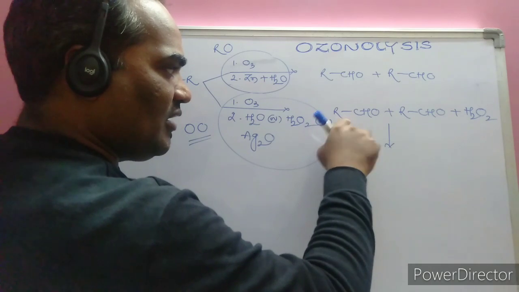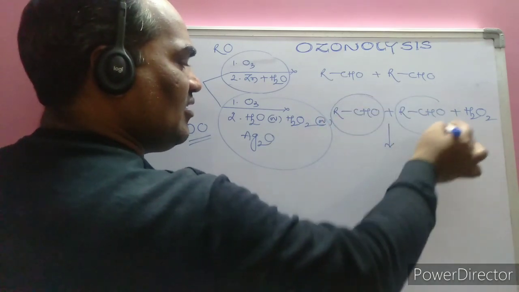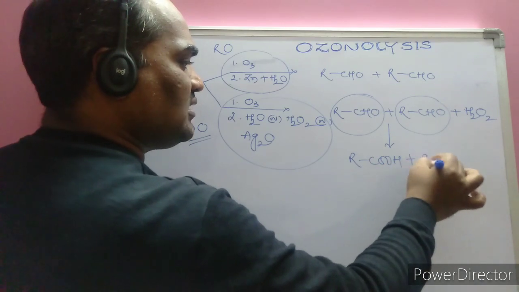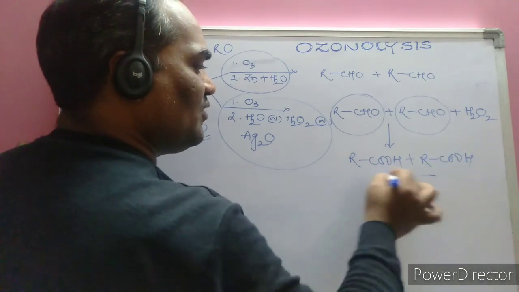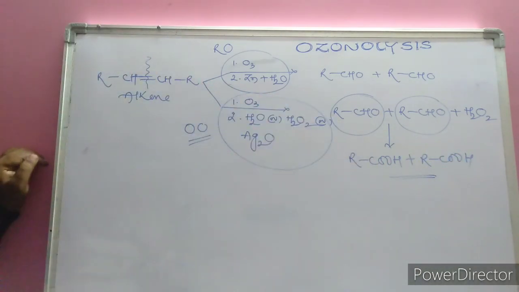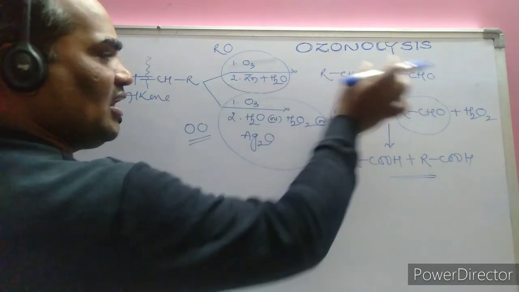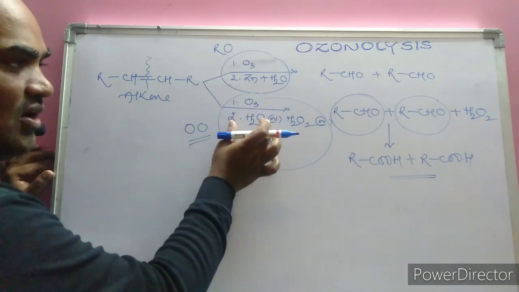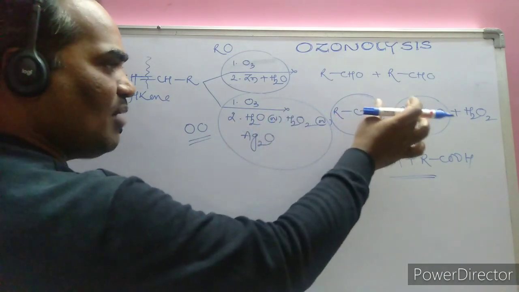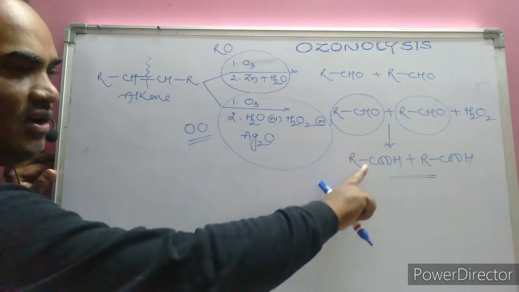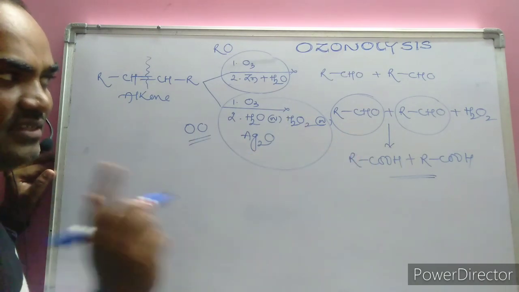That's what happens: aldehydes get converted into the respective carboxylic acids, RCOOH plus RCOOH. Under reductive ozonolysis only the carbonyl compounds are formed, whereas in oxidative ozonolysis, the important thing is that if the carbonyl compound formed is a ketone, the ketone does not get oxidized easily.